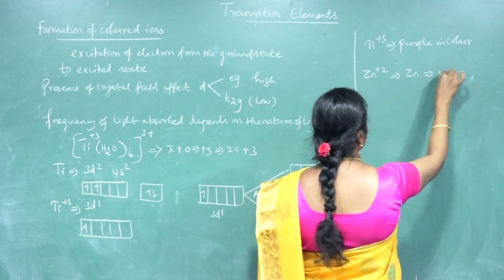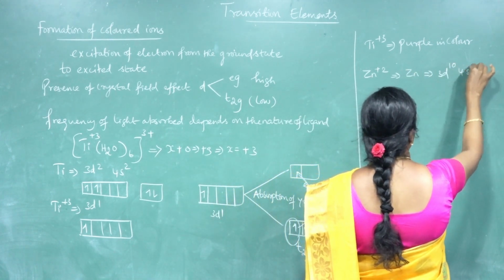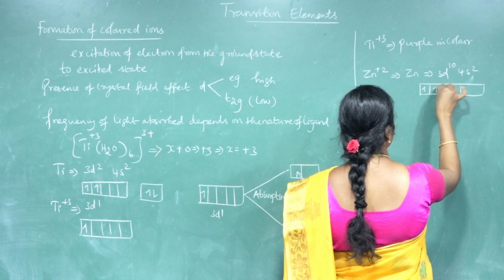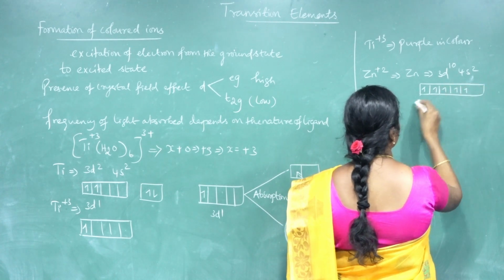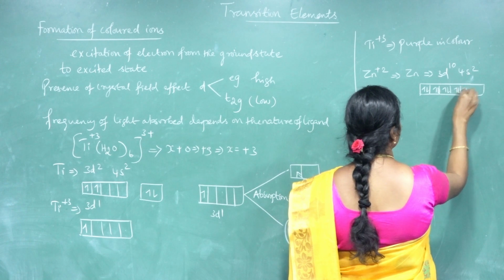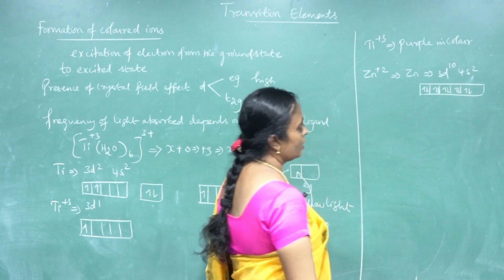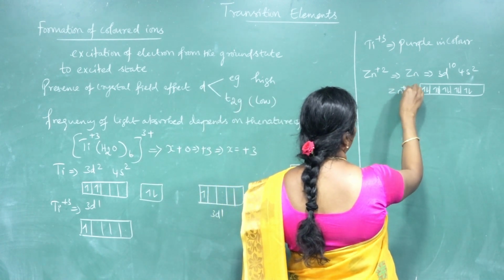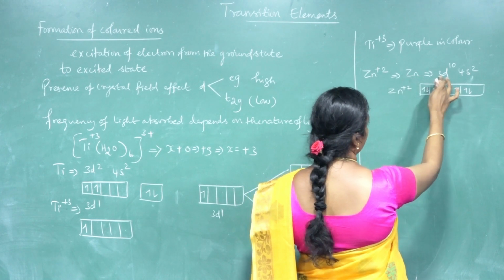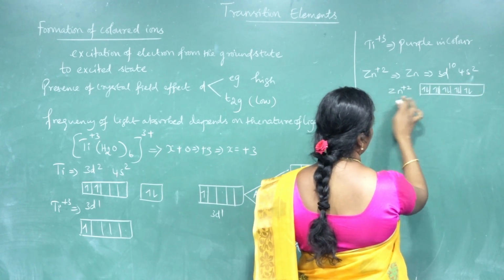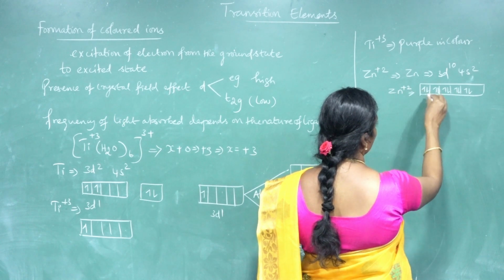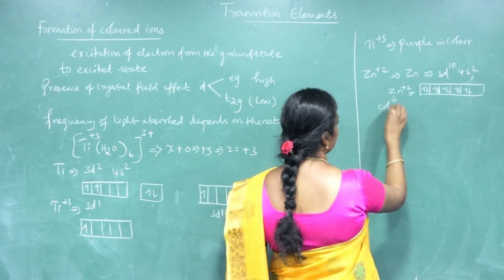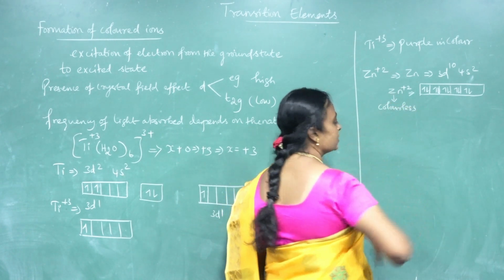Zn is 3d10 4s2, so Zn2+ is 3d10. The number of unpaired electrons is 0 because all the d orbitals are completely filled. So Zn2+ is a colorless ion.